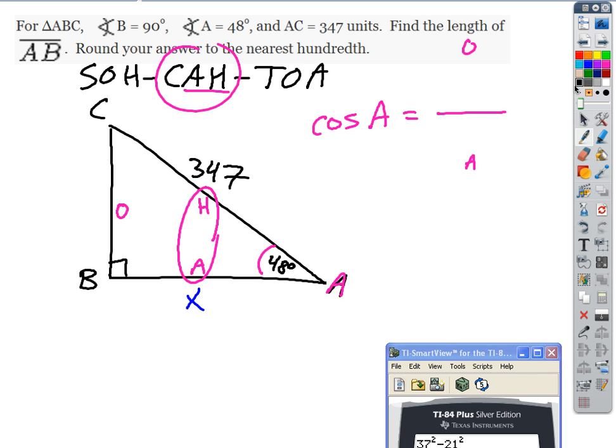It's adjacent over hypotenuse, right? So what's the length of the adjacent side? X. Hypotenuse? 347. And cosine A, I know what A is. That's 48. So I can plug in that number. So it's the cosine of 48 degrees equals X over 347.